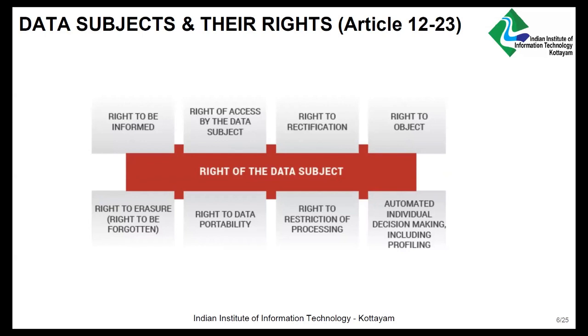If the submitted data is wrong, if the individual feels that what is being submitted is wrong, he has the right to rectify it. He also has the right to object. But these cases differ. Like if they are into some criminal cases or something, then these cannot be considered, but still. The next ones are the right to erasure, right to data portability, and right to restriction of processing. So these are the basic rights given to the individuals whose data is subjected to protection.